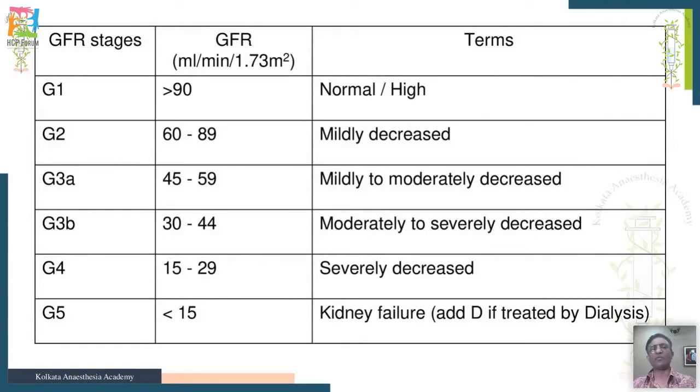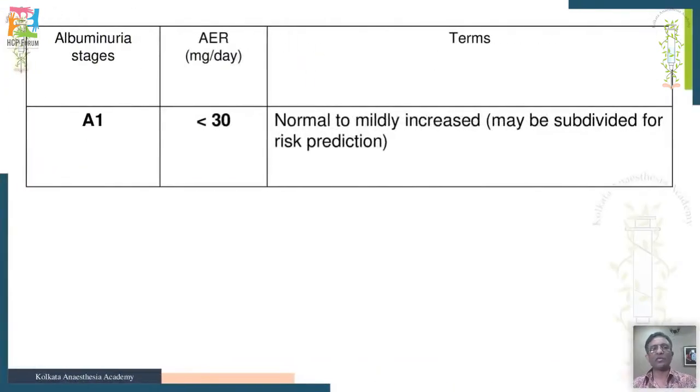So just to put it into perspective, this is an important slide, especially for the postgraduates, to figure out how you classify the stage of kidney disease based upon the GFR. The other one is the stages of albuminuria, and this is the albumin excretion ratio.